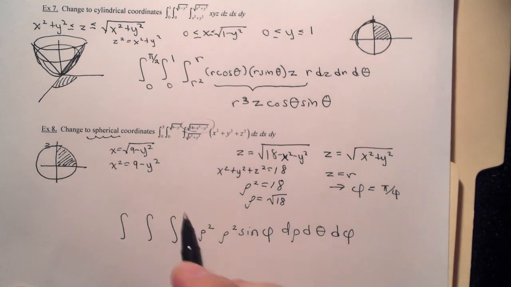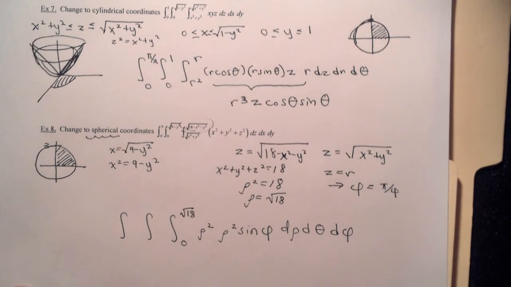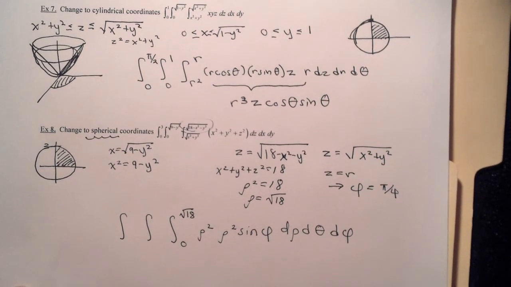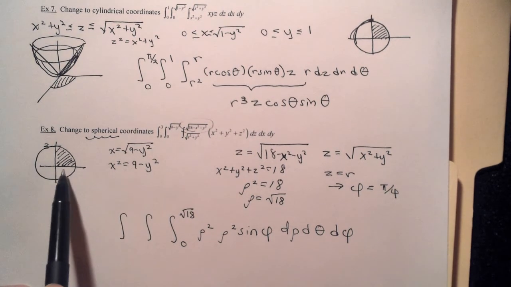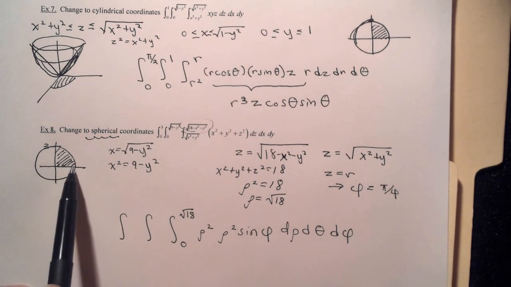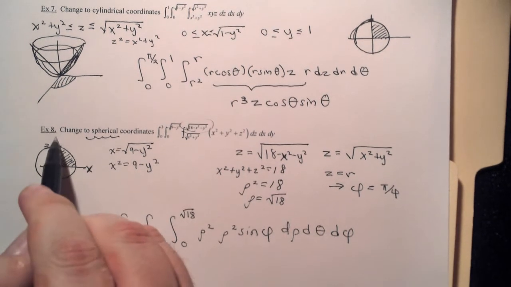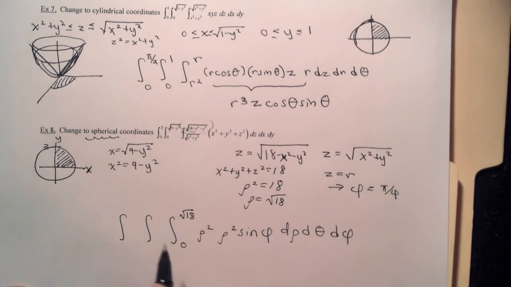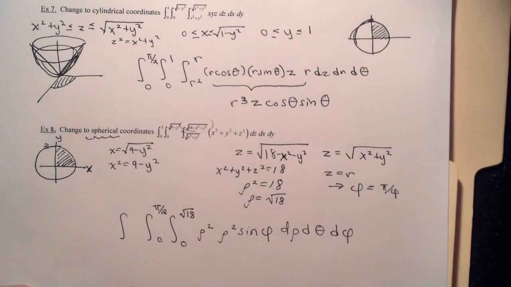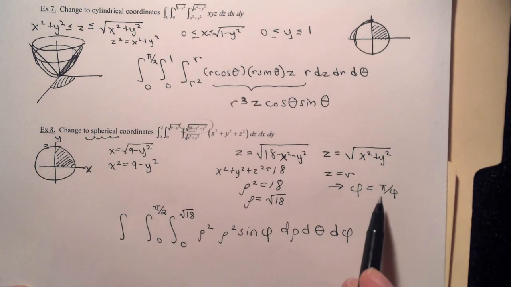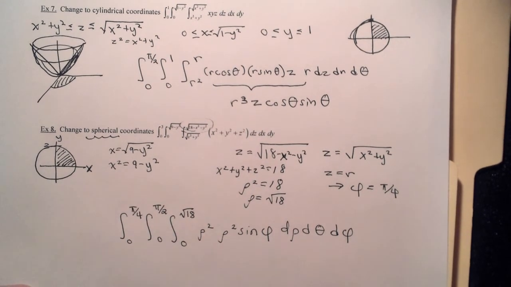So rho then is going from 0 to the square root of 18, or 3 square root 2. Theta, taking a look at this diagram right here, I can see that theta will be from 0 to pi over 2. And phi will go from 0 to pi over 4.